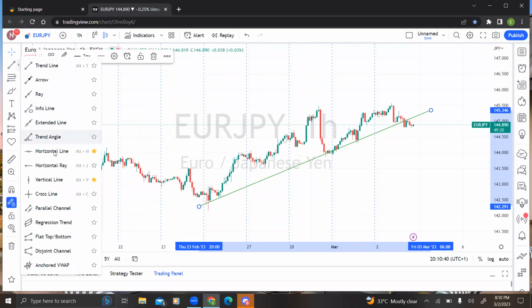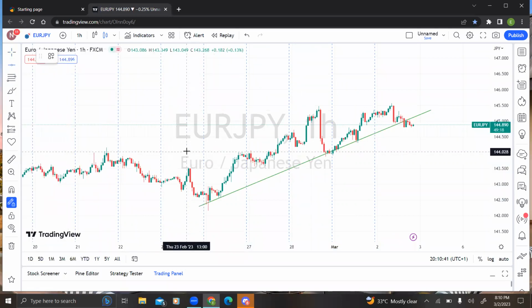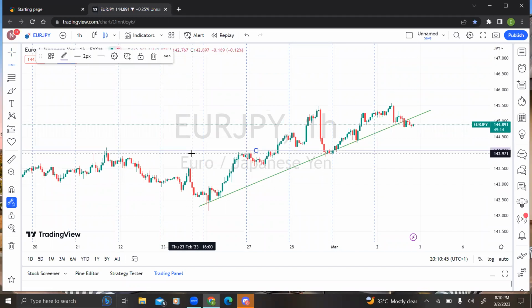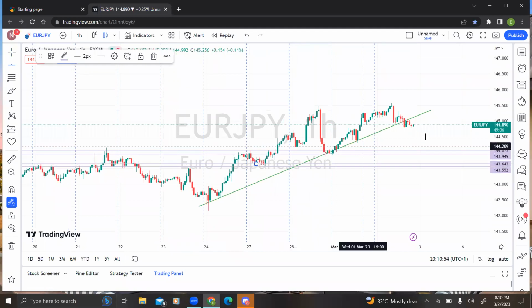Let's identify a quick support and resistance. This is a support area like this. That's a resistance area rather, and this is a support here like this.